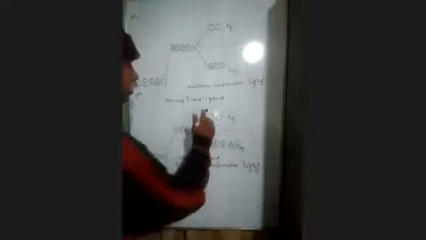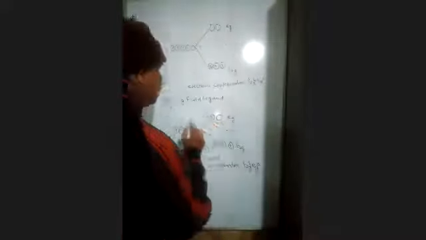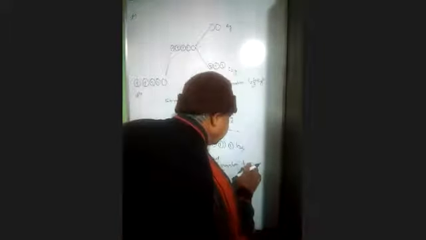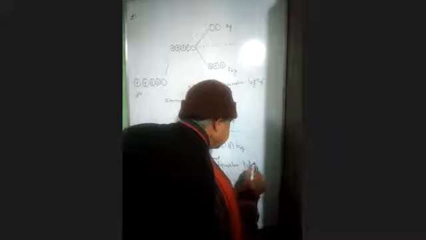So 1, 2, 3 will come here, and as the gap is very less, the 4th electron will come here. So from D4 onwards, you'll find the electronic distribution is different. See now here. It is T2G3 EG1. Draw it.